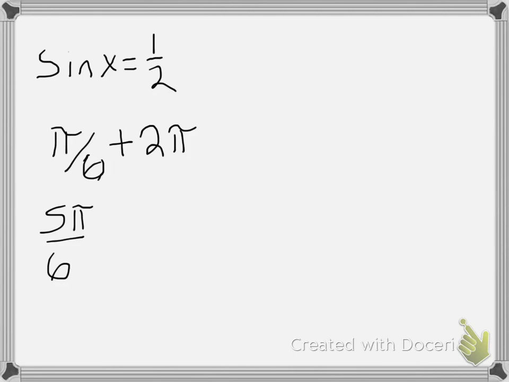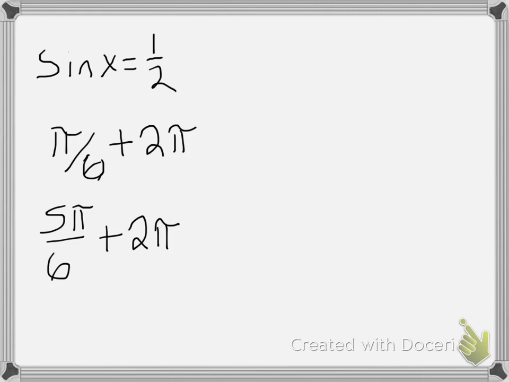So what about 5 pi over 6? Again, if I go 2 pi more, I come right back to the same place, don't I? So I'm going to add 2 pi to this as well. But by adding 2 pi, all I did was go around one time, right? How many times can I go around? I can go around as many as I want to, an infinite number of times.